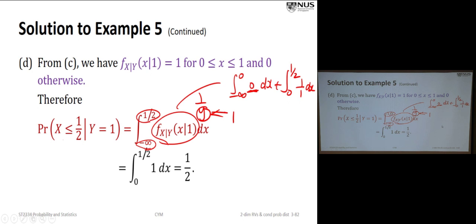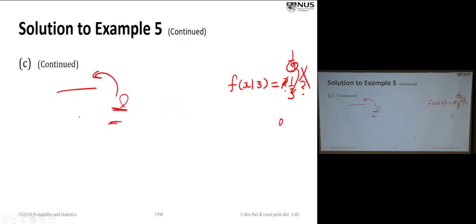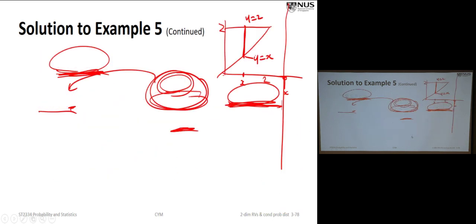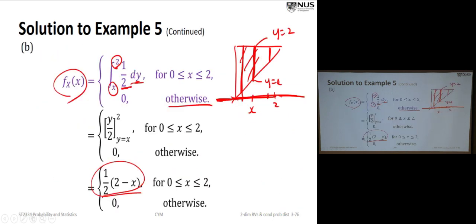So again, it will be interesting. Try to see whether you can get this one and see whether they are the same. What is f of x? Let me go back and check what is f of x. F of x is equal to this one.